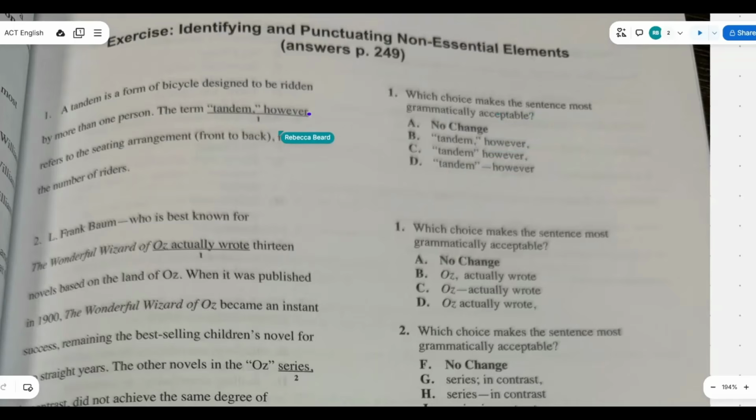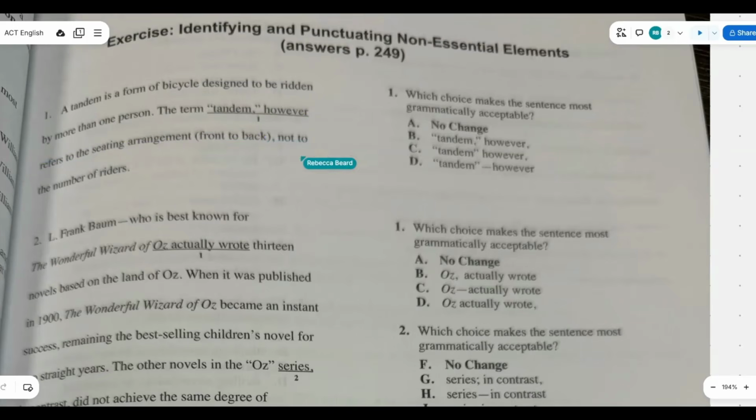You've got that comma down there. If we just lightly test it, and you're really focused on the first comma there: tandem, however, so I still have that in there, from front to back. If we did C, that would scratch through here. It would be the term tandem, however, not the number of riders, which would be really, really confusing. So that's why the answer is going to be B.